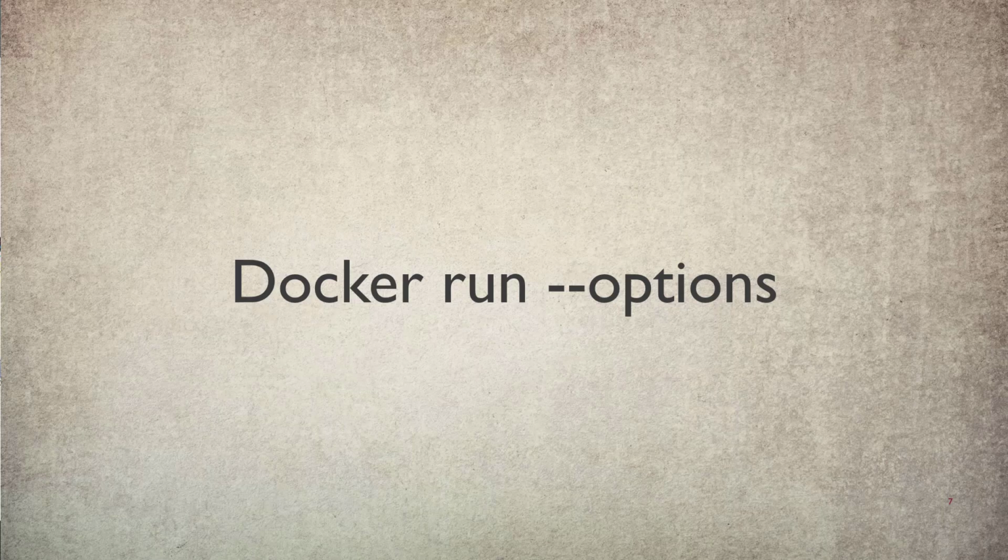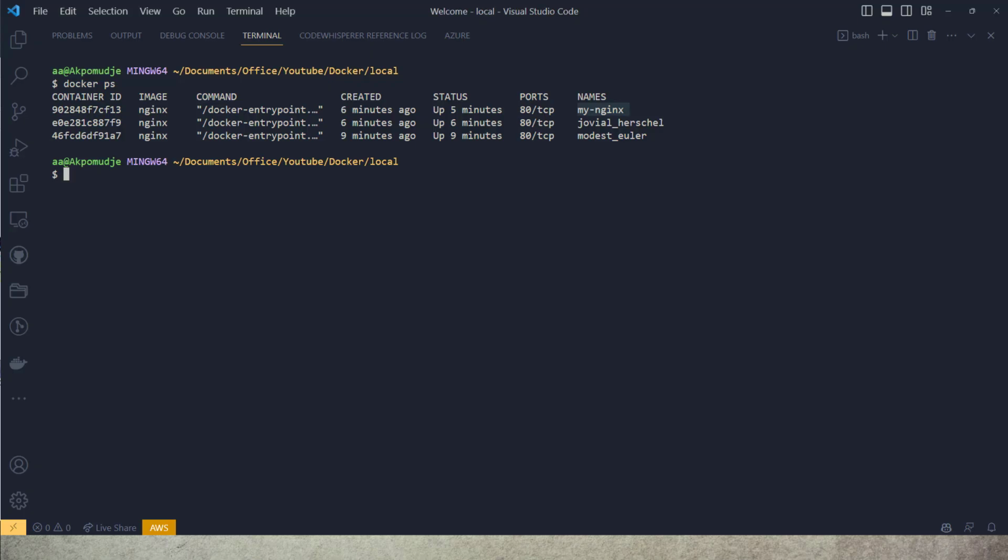Let's dive into our terminal and check how to use this. When using docker run, there's a number of options that can be specified to customize the behavior of the container that is created. Some of the most commonly used options include the -d option.